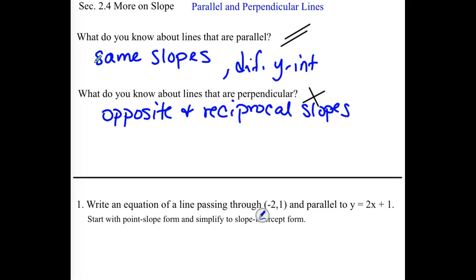Another way to say that is that your first slope times your second slope will always get you a -1. If they are opposites and reciprocals, they would always multiply to be -1. So if I had a slope of 2/3, what would be the perpendicular slope? Yep, -3/2.